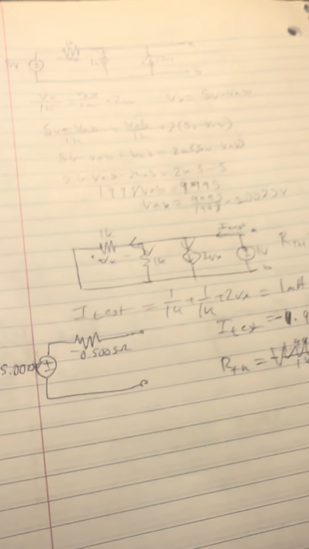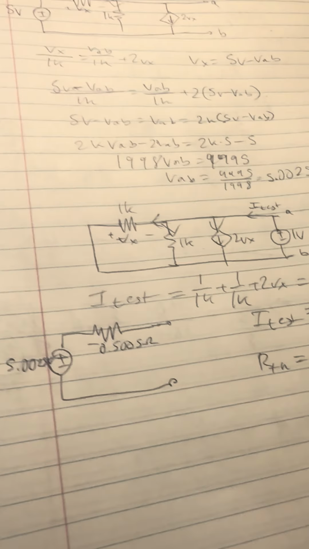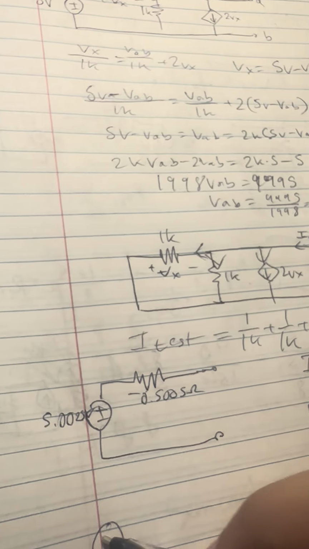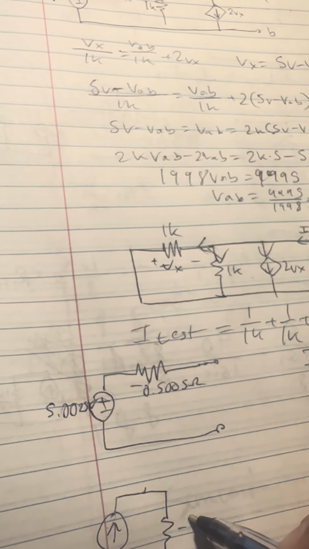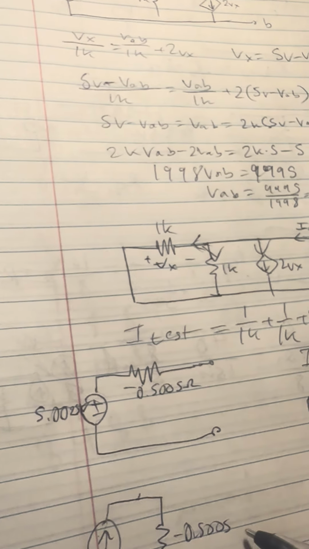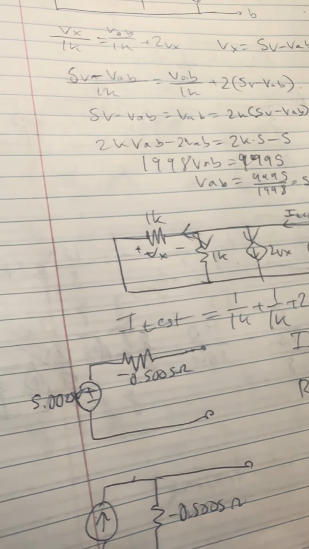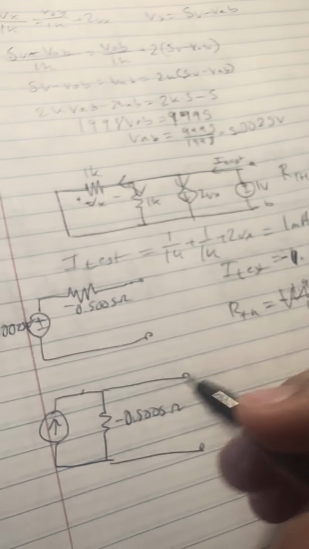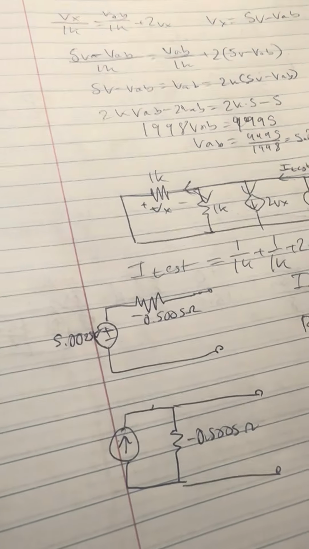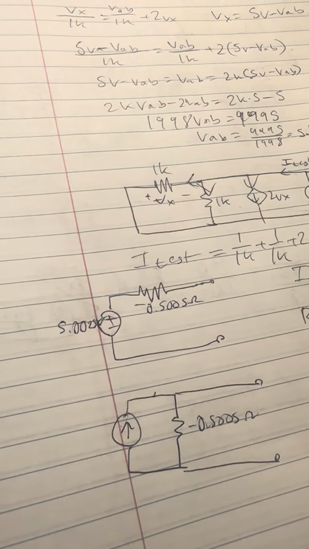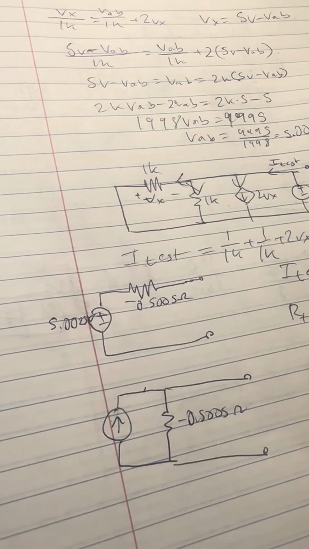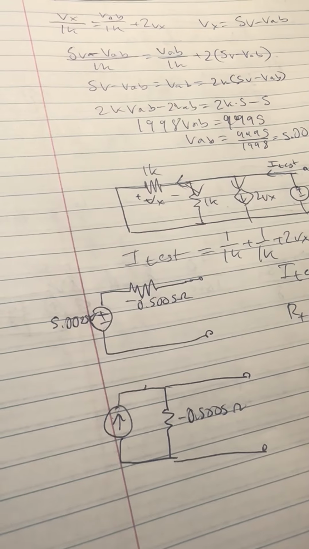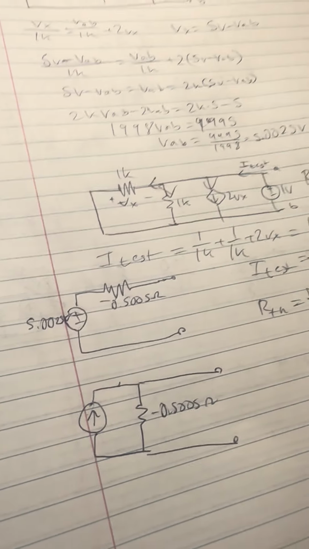We can also solve for the Norton equivalent just by using that thing I said earlier. We got the same negative 0.5005 ohms right here, and then we would just divide. Wait, let me calculate it.